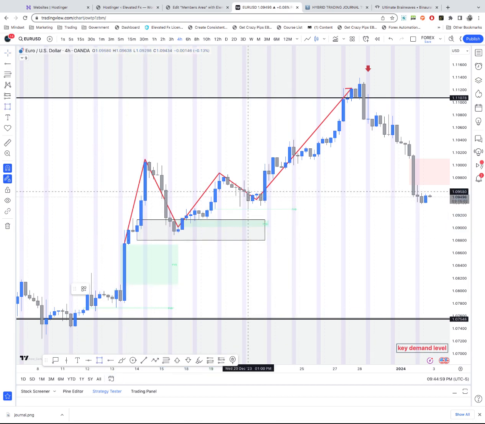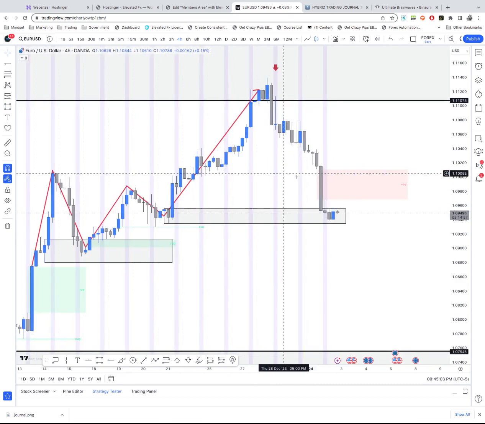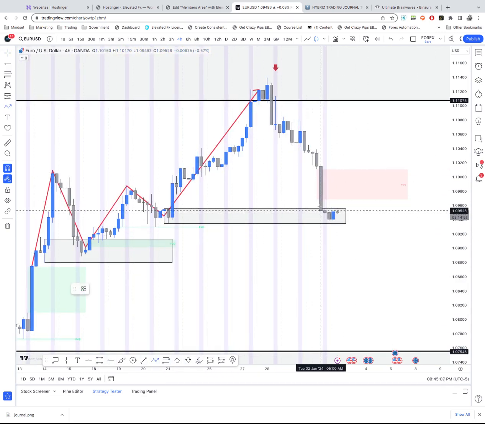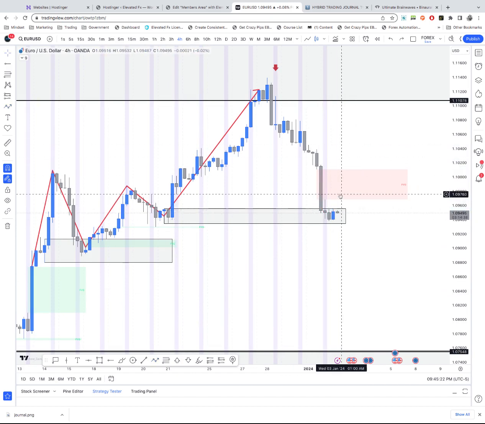And then even recently, we had a key demand level here that, well, we're in it right now. So either price is going to go through it, pull back and keep going higher. It'll accumulate in there. Or you would see price reject from that level and go higher. All right.